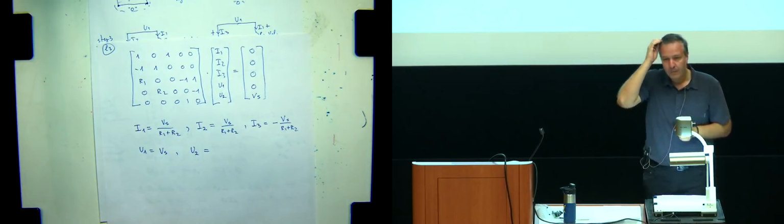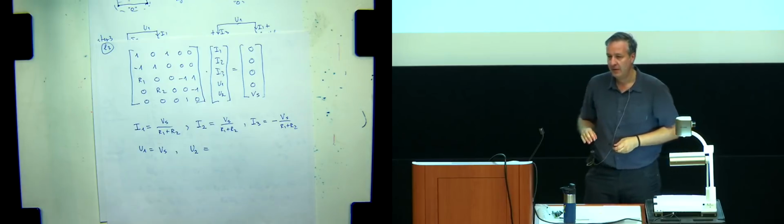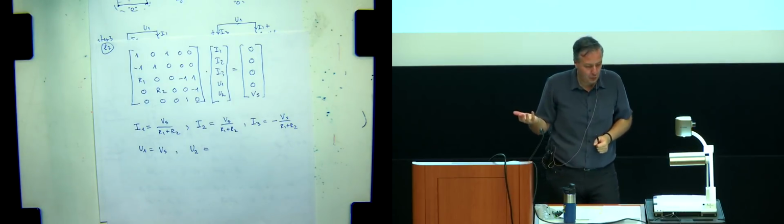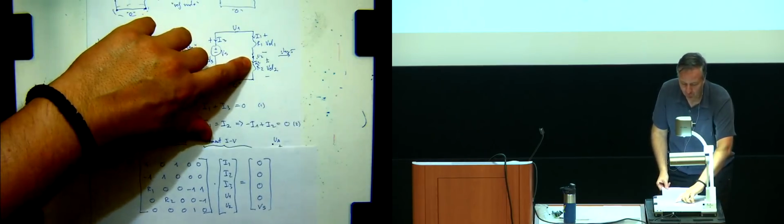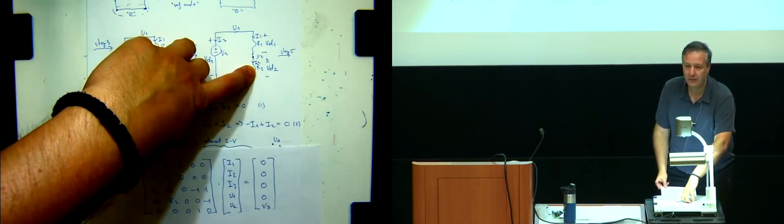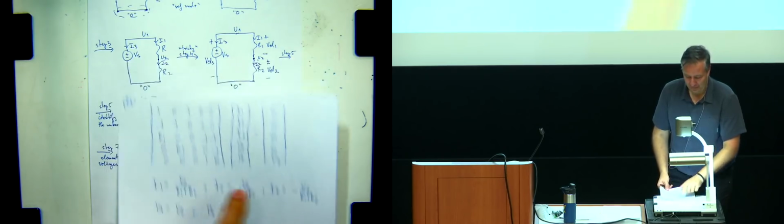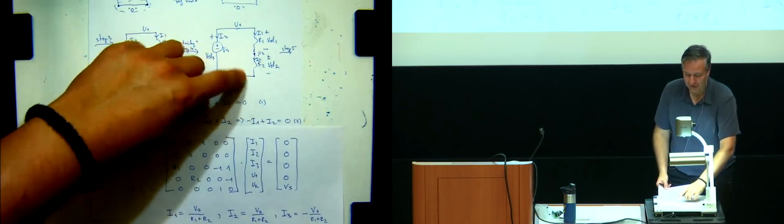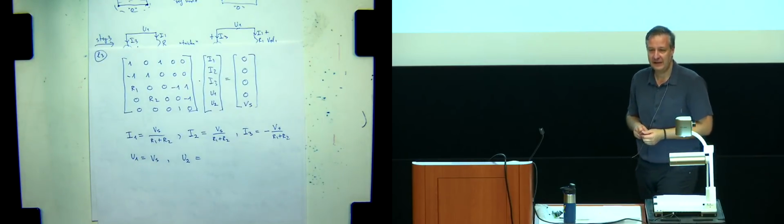Can anyone guess what that result is? I gave you already what I2 is, and if you look at the circuit, I2 flows through R2. So if you know I2, you can just apply the element IV relationship to get U2, the voltage across R2. So, any idea?